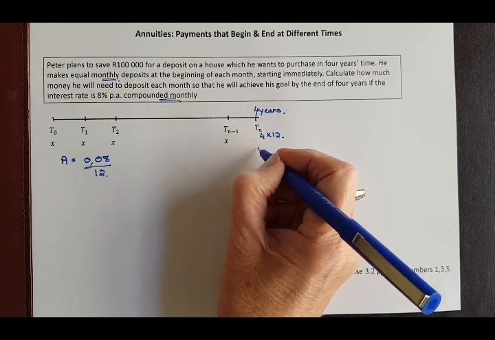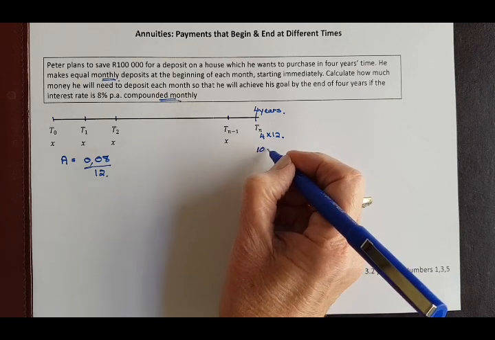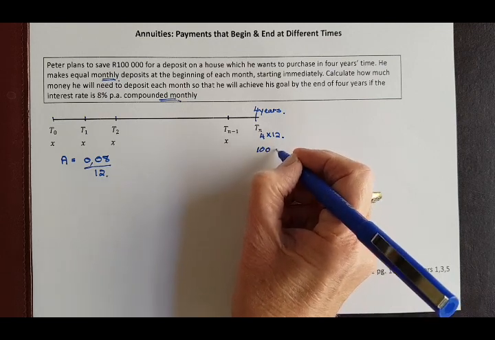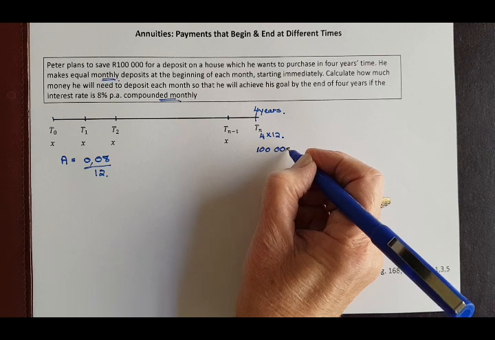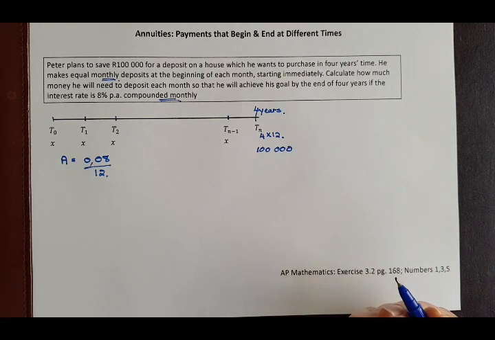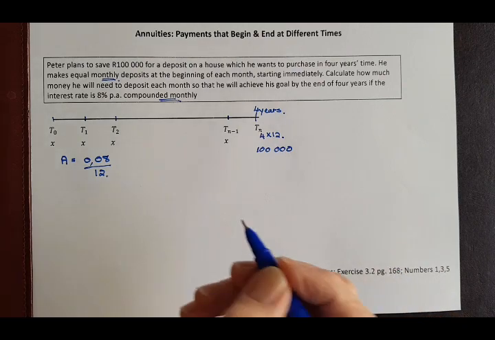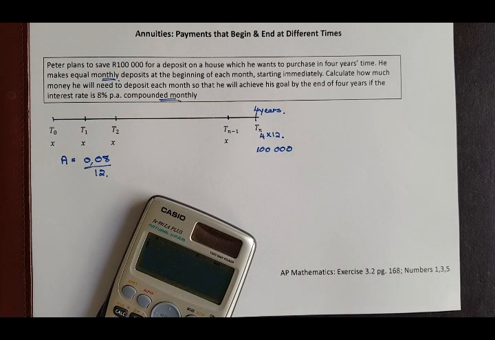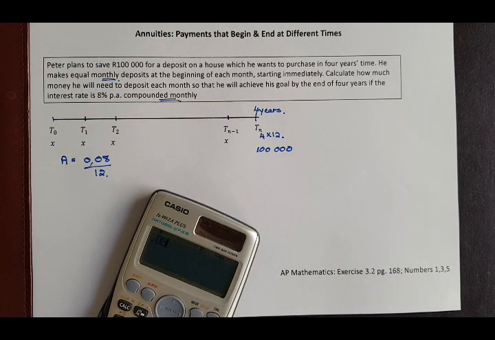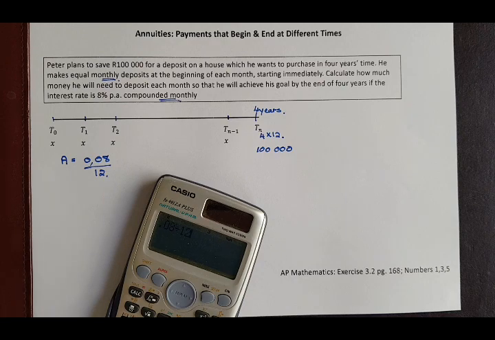So we want 100,000 Rand at that point over there. So when we put in our A value, 0.08 divided by 12 equals, shift, store, put it in memory A.